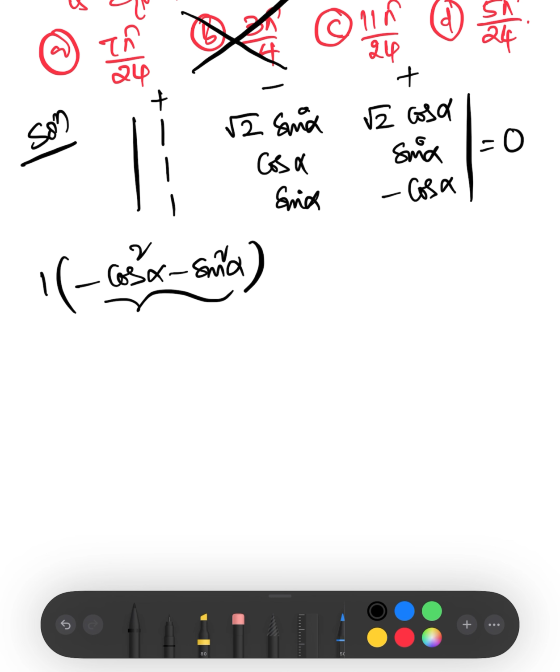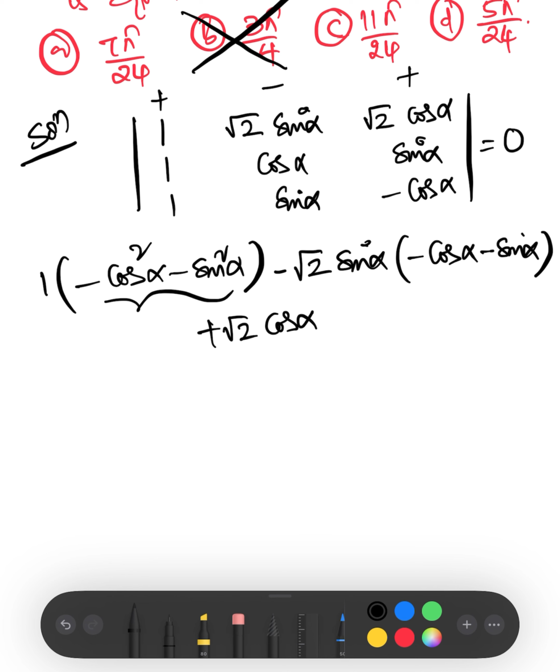We know that cos square alpha plus sin square alpha equals 1, so we can say that it is minus 1. Next one, it is minus root 2 sin alpha into what we will get here? Minus cos alpha minus sin alpha. Next, plus root 2 cos alpha, third element, into sin alpha minus cos alpha, equal to 0.